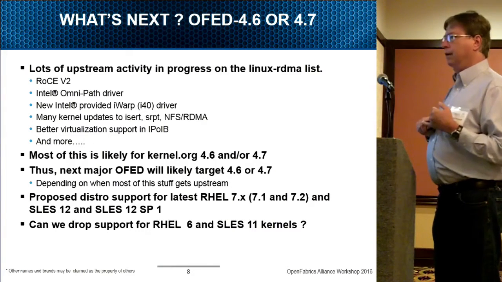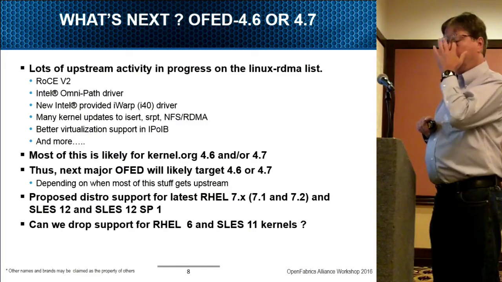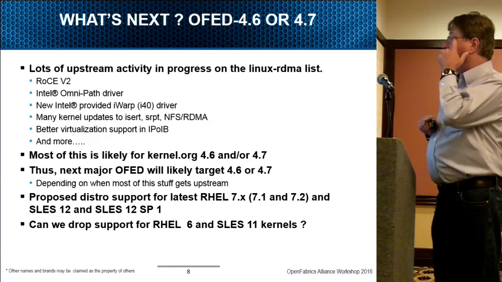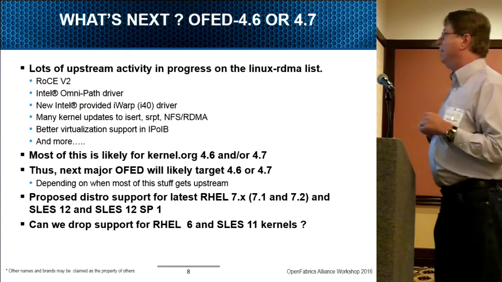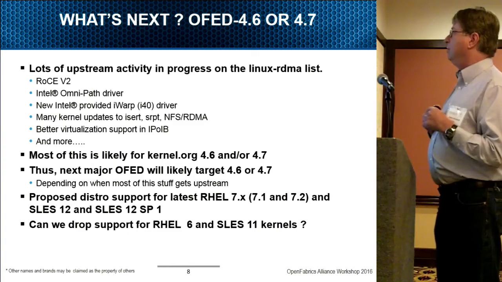So some of the things that people have been interested in that have been working their way through the list, and there's actually a ton of activity going on the list these days. There's the Rocky V2 stuff, which I believe did get into the 4.6 kernel.